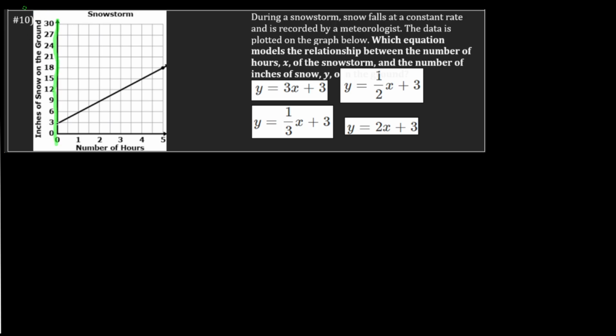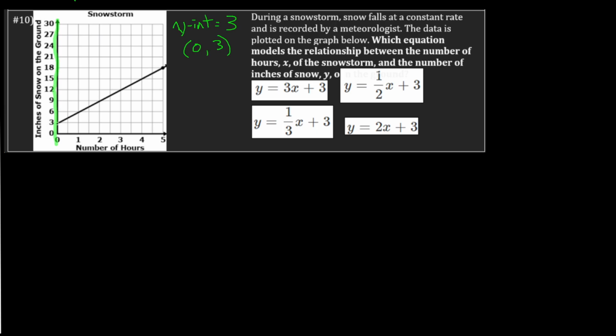My y-intercept is when x equals 0, so it's equal to 3. That means when x equals 0, my y value is 3. That makes sense because if you look at each of these choices, our y-intercept is 3. So now I can find the slope.